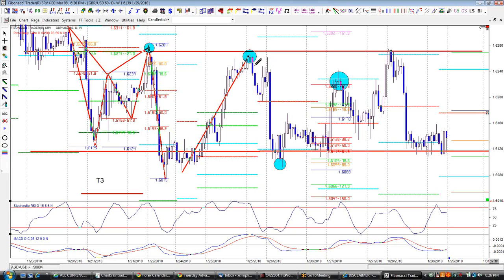But from the top, X, A, B, C, D. Now we have a bullish pattern converging with those previous lows that are forming the low side of the consolidation. We trade this bullish.